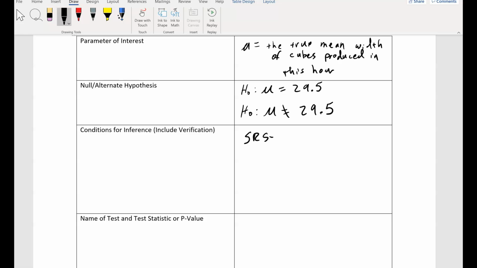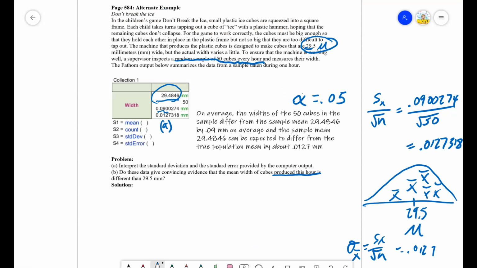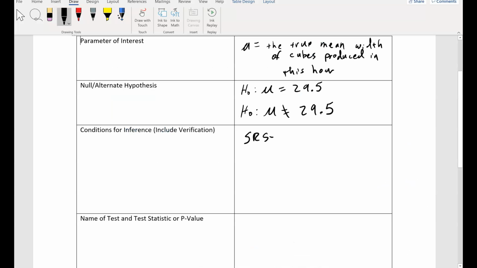Let's start with the SRS, because we have that right in the narrative. We can put it in quotes. Random sample of 50 cubes. Right, we just put that in quotes. They told us they took a random sample of 50 cubes.